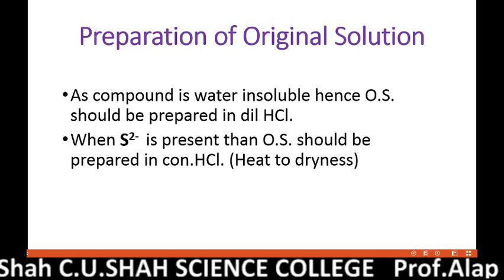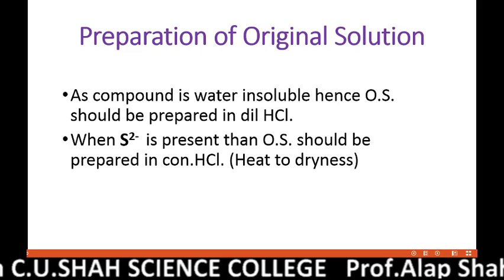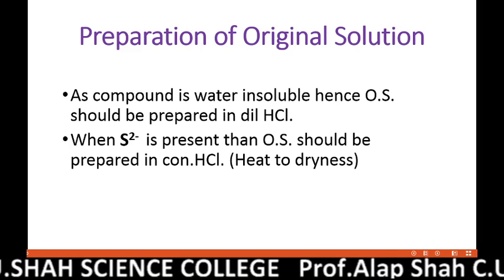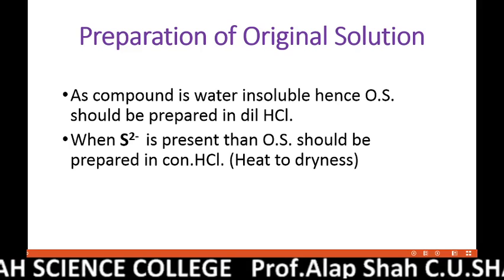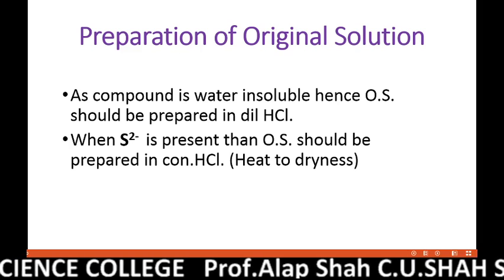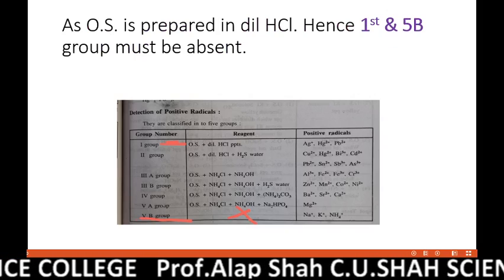If your original solution is not transparent or clear, you can filter your OS. So this is the way: either you prepare original solution in dilute HCl, or if it is S minus 2 then you prepare it in concentrated HCl.